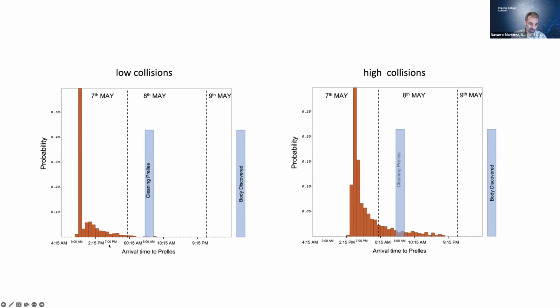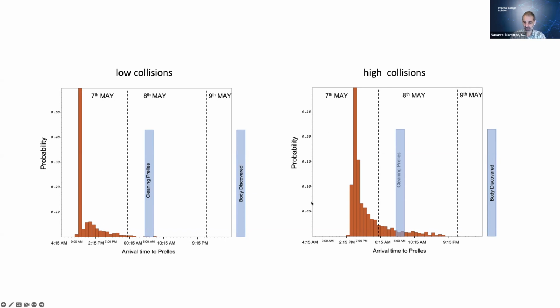Then there is a tiny probability distribution of later arrivals. There is very little probability that the bodies arrive after the first cleaning of the dam. So this scenario was deemed unlikely. Why? Because the maintenance workers say that the body was not there when they cleaned the dam. So all of these bodies arrived before the dam was cleaned. Remember, the body was discovered later.